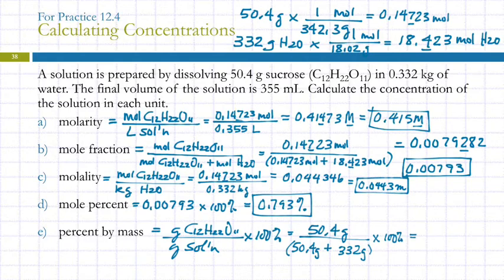So 50.4 divided by the quantity 50.4 plus 332 times 100 is 13.179, 13.2% by mass.